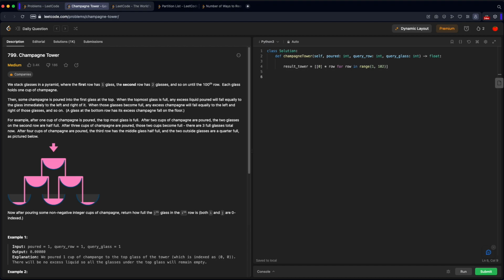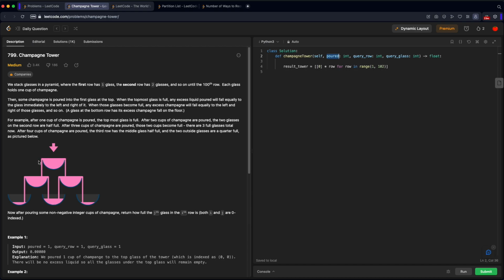Now, the first champagne glass. One thing to note is that we're going to be recording the amount of champagne that actually flows through the glass, not the amount of champagne that's left. So this very top glass will have all of the poured champagne flow through it, except for the glass itself.